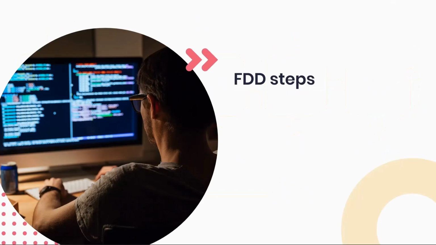FDD's 5 steps are supported by several practices. The first is domain object modeling. This is the creation of a high-level class diagram and supporting artifacts that describes the problem domain. Developing by feature and individual class ownership are also good practices, as is having developers work together in feature teams.